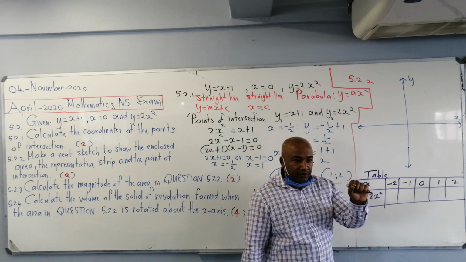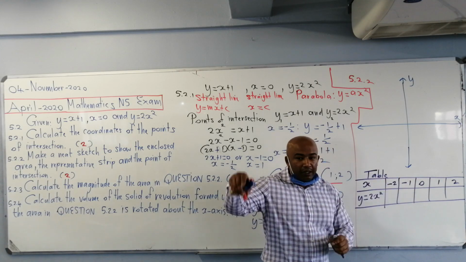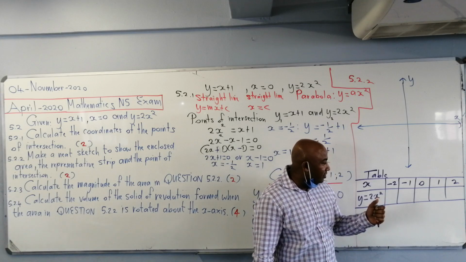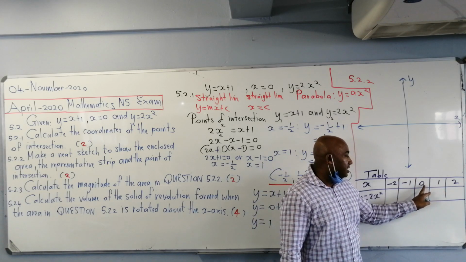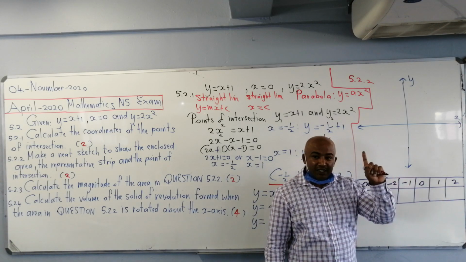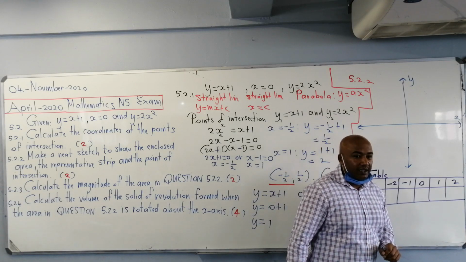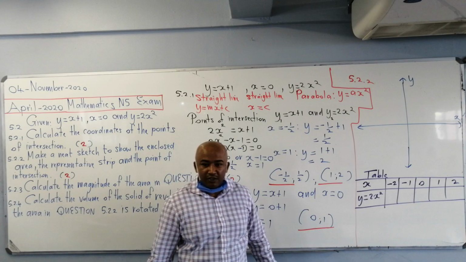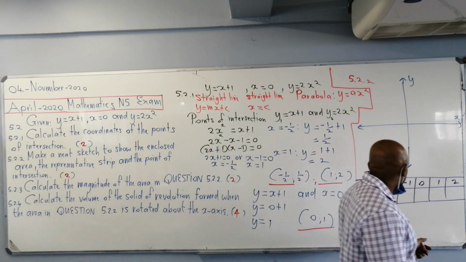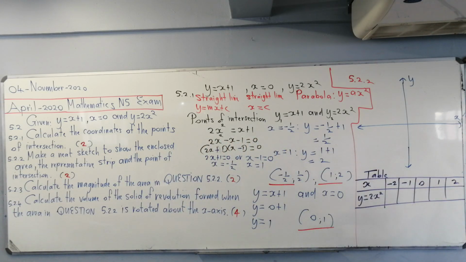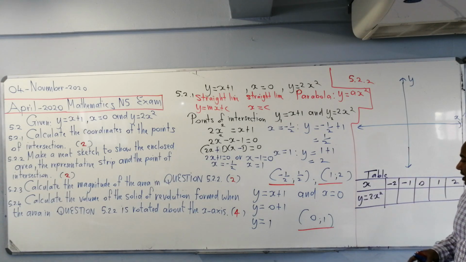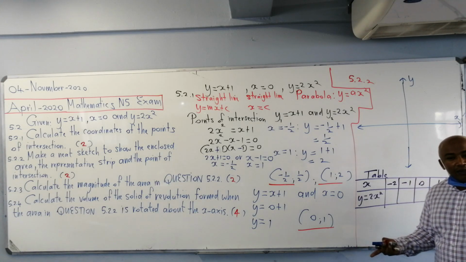Then the end value is positive 2. Press equals to. Then the step value. Step value, the difference between these coordinates is a constant 1, so the step value is 1. You press 1, press equals to, and in just 1-2 seconds, you get everything. Right. So if you're not familiar with using that function on the calculator, then you do it by normal substitution.